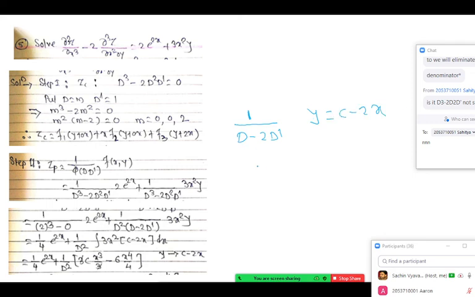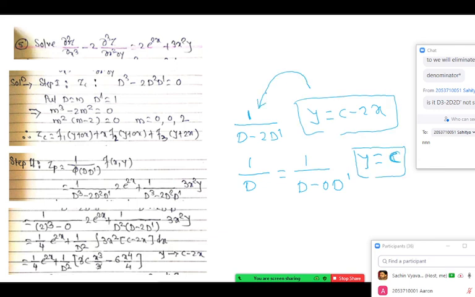Now 1 upon D can be written as 1 upon D minus 0D dash. So we can replace y by c minus 0x, so y by c only. So the values of y are different for the two factors. For this factor y is c minus 2x, and for this factor y is just a constant.